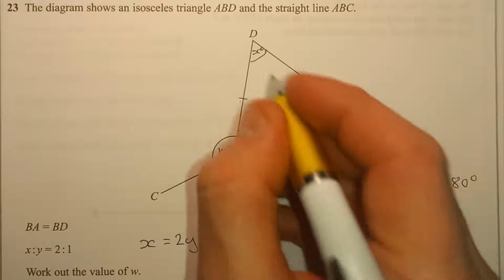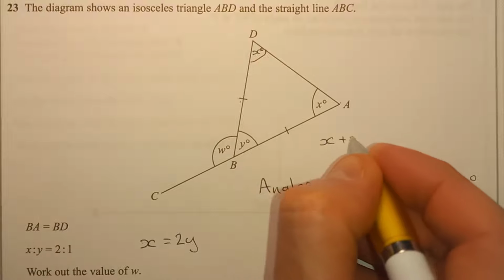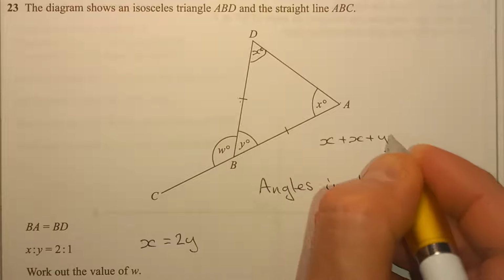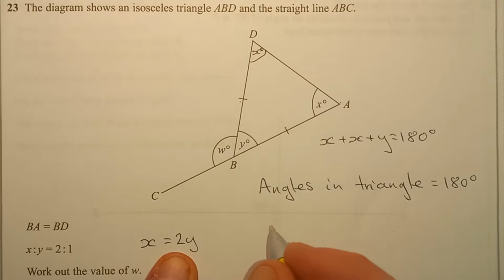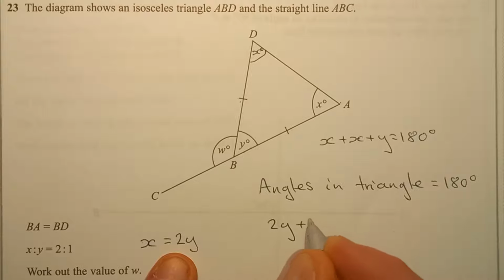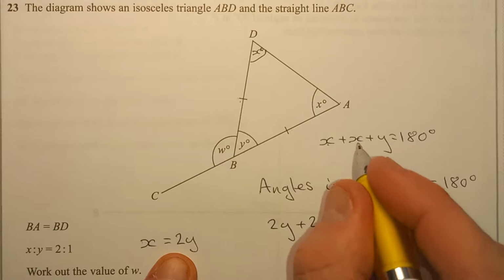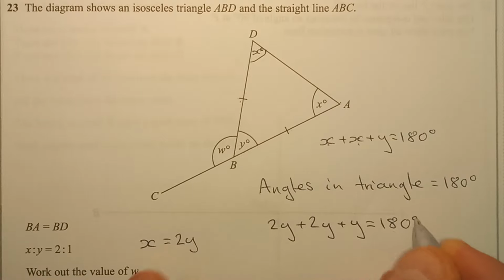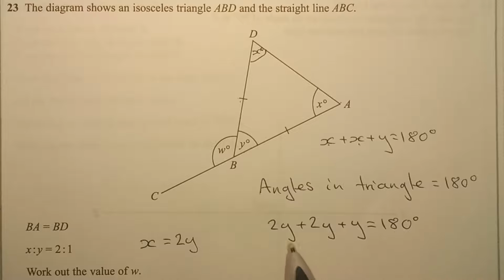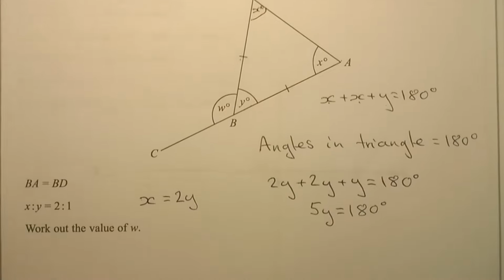So we know from this that x plus x plus y equals 180 degrees. But we've been told that x equals 2y. So we can rewrite this as 2y plus 2y plus y equals 180 degrees. So we've got 2y plus another 2y, that's 4y, plus another y. So we've got 5y equals 180 degrees.